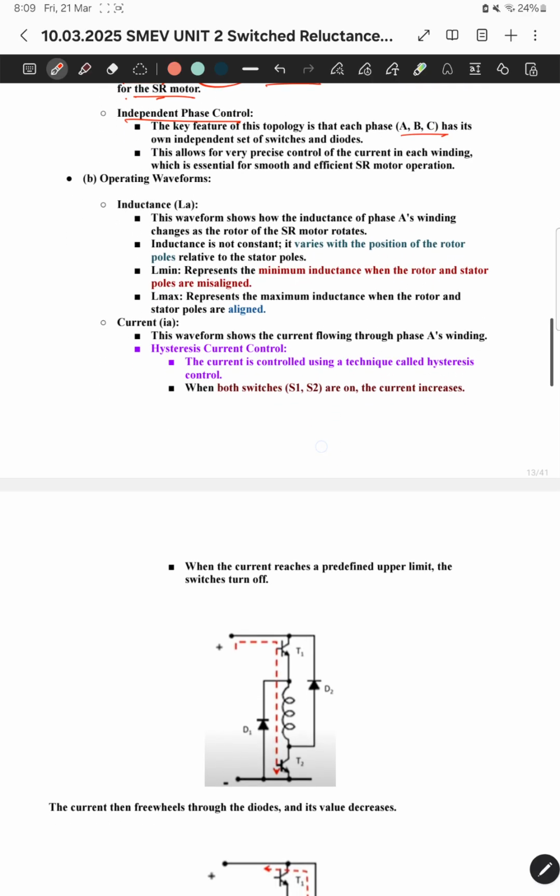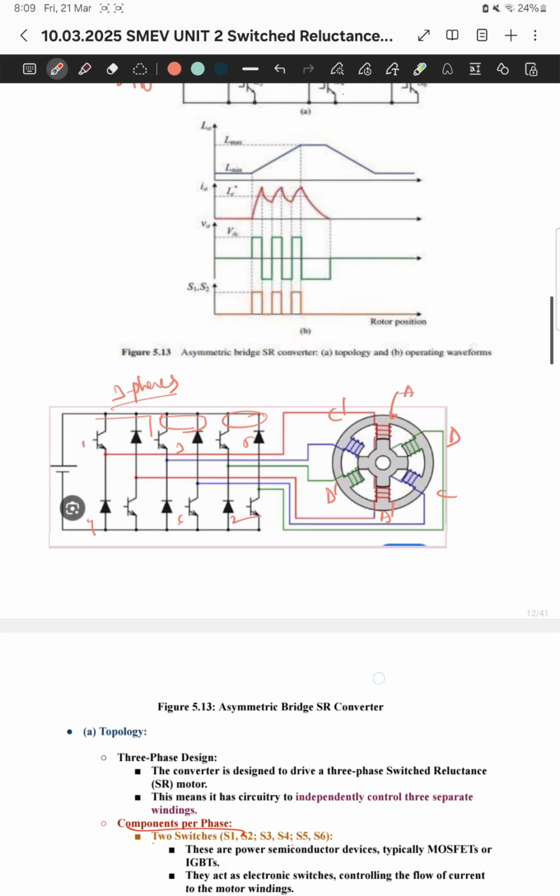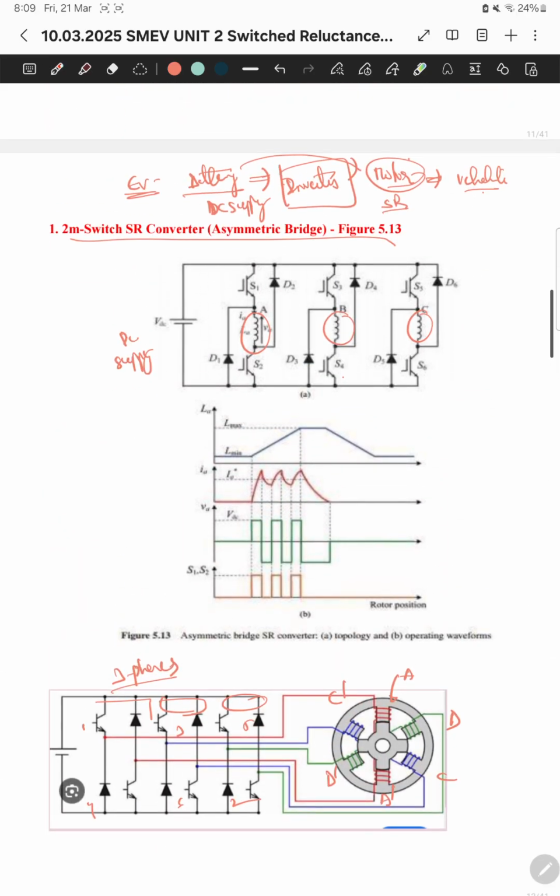So we will try to see the operation here. Instead of drawing this complete diagram, I am just switching here. I am only concentrating on this A phase.